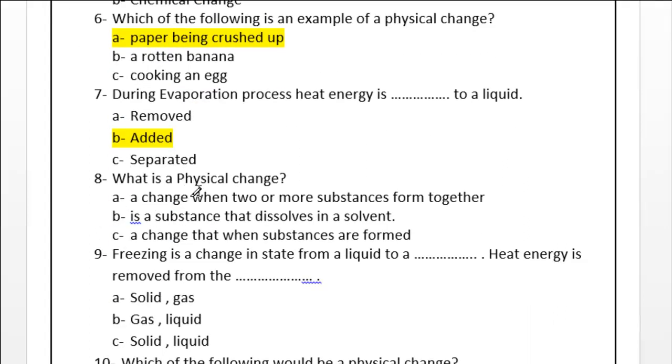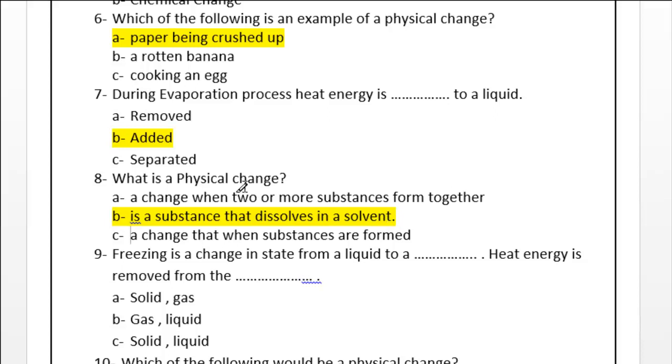Number 8, what is a physical change? Number A, a change when 2 or more substances form together. No, a substance that dissolves in a solvent, or a change that when substances are formed. The true answer here will be a substance that dissolves in a solvent, because when we dissolve a substance in a solvent, this is called solution.